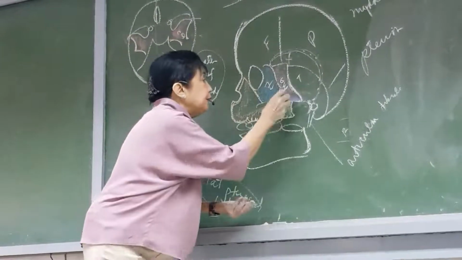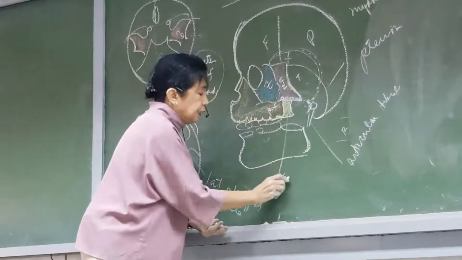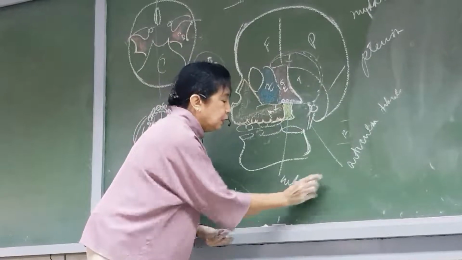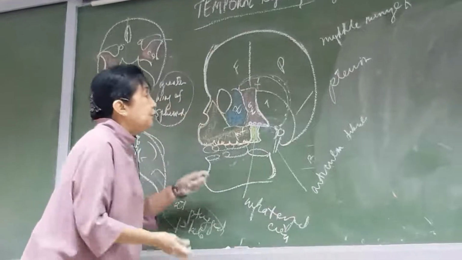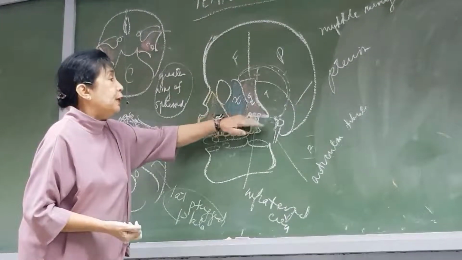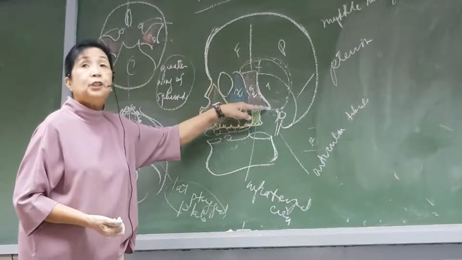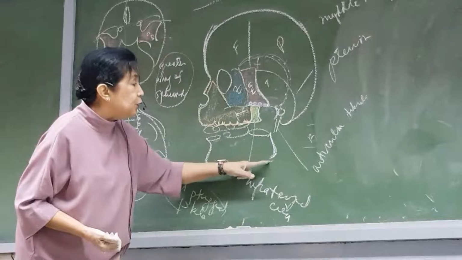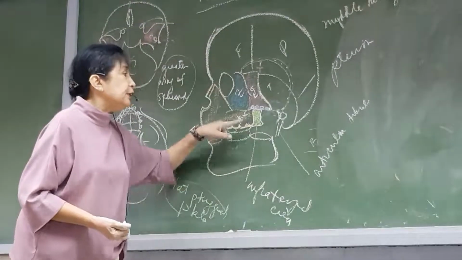That will be the infratemporal crest. That is an elevation at the lower part. So that is the inferior boundary of the temporal fossa when you remove the zygomatic arch. But that is the superior boundary of the infratemporal fossa. And the lower boundary is the inferior border of, what's this? Mandible. And the front is, what is this?